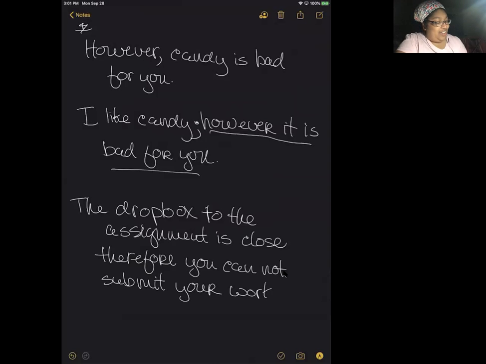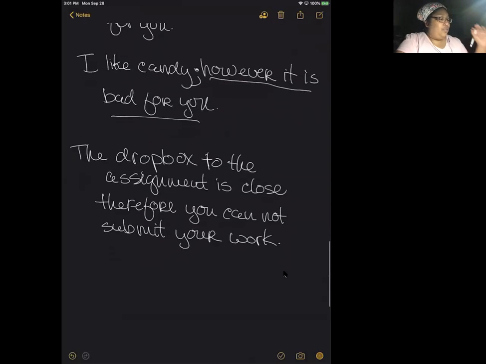Okay, so that's the sentence. The Dropbox is the subject, and closed is the verb, with is as a helping verb. Closed is the big verb, is the helping verb, right?